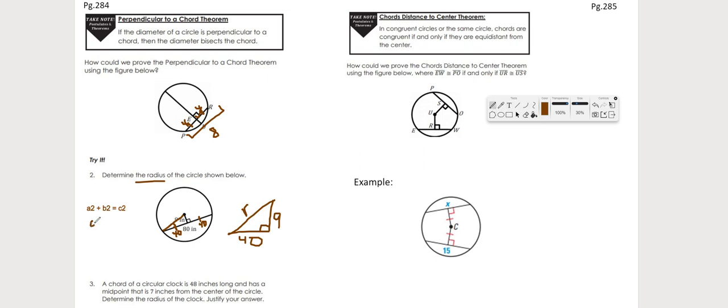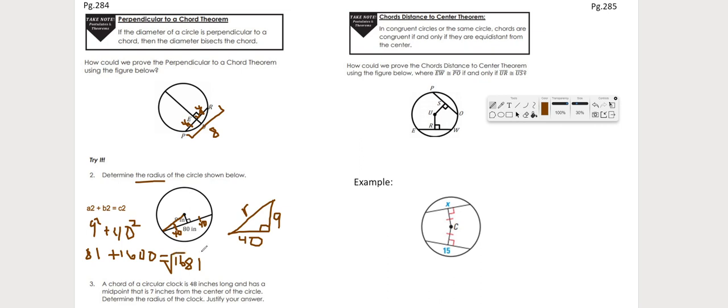So it's going to be 9 squared plus 40 squared. 9 squared is 81, plus 40 squared is 1600. So we get 1681 if you add it all together.